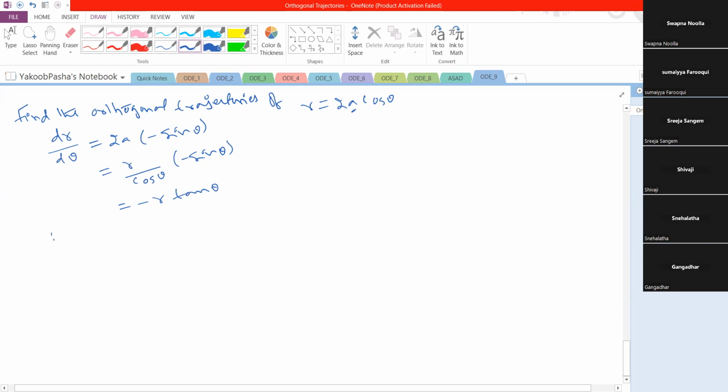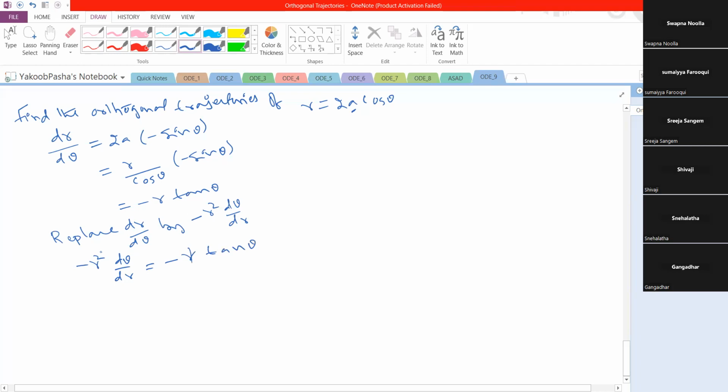Now we have to replace dr by d theta by minus r square d theta by dr. Now the left hand side is minus r square d theta by dr is equal to the right hand side minus r tan theta.